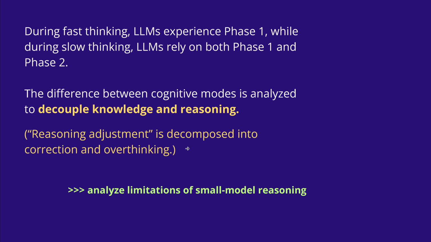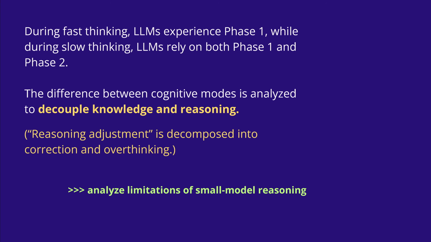But interestingly, their approach provides us more information analyzing the limitation of small model reasoning. Why do small LLMs fail so massively on the reasoning process? And their answer is it's not because they are so small, so they are incapable of reasoning. But they say if we look at the reasoning adjustment that is happening with a small LLM, you have two forces within this.